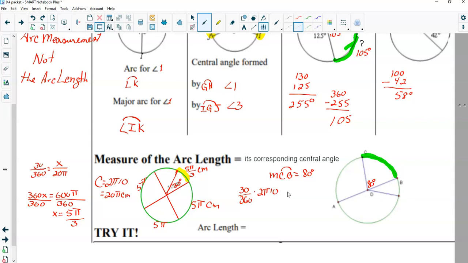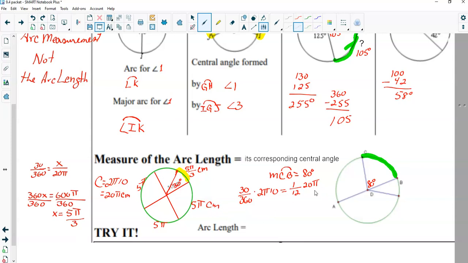Basically that's the same as 1/12, because 30 over 360 is 1/12 of 20 pi. And if you take 1/12 of 20 pi, that is 5/3 pi, or 5 pi over 3.